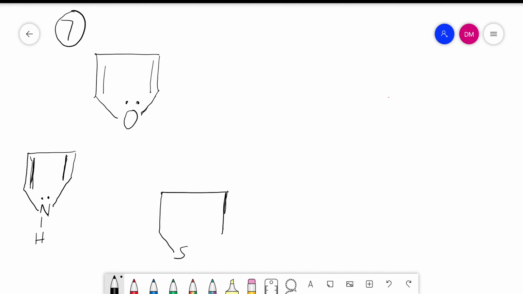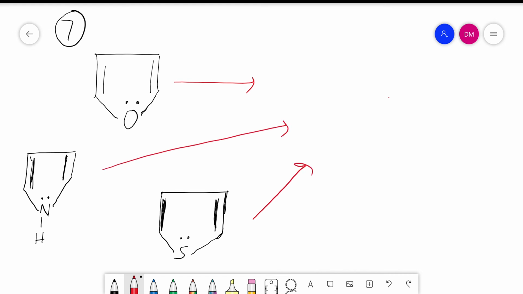Here S, and here one bond. Here one, it is also one pi bond. Don't miss it. So these three have the same answers. Don't guess and say that this is also the same or that is also the same. So let's get started.